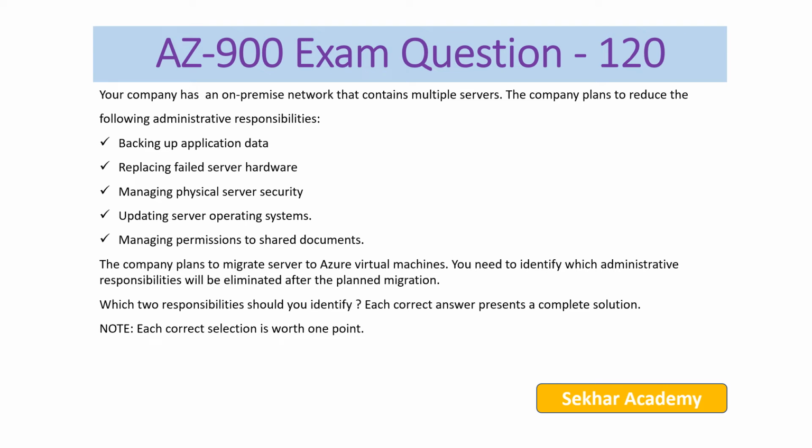The company plans to migrate servers to Azure virtual machines, and you need to identify which administrative responsibilities will be eliminated after the planned migration. Which two responsibilities should you identify? Each correct answer presents a complete solution, and each correct selection is worth 1 point.